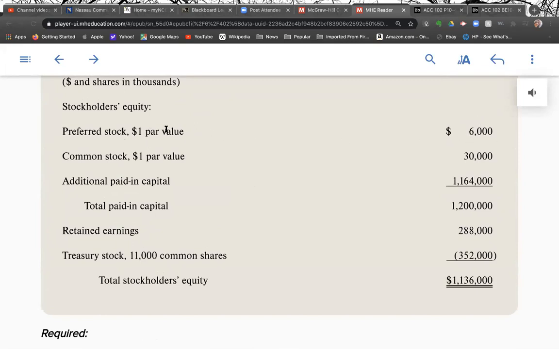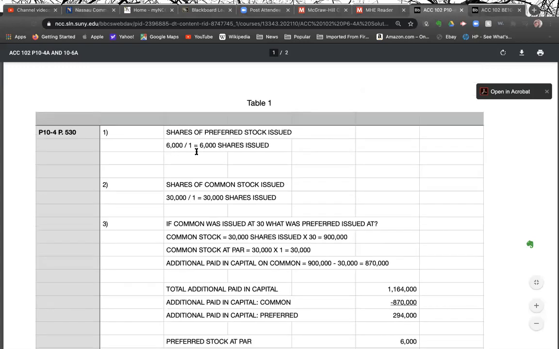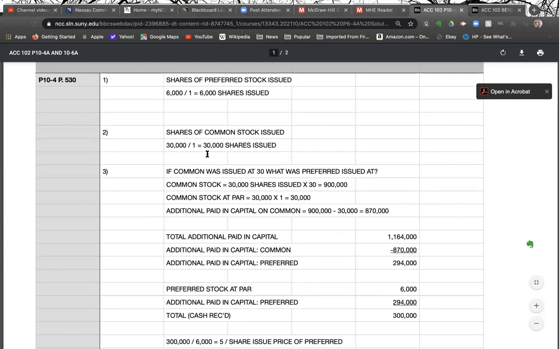The par value is $1 for one share. 6,000 divided by 1 is 6,000, right? So there are 6,000 shares issued. 30,000 divided by 1 is 30,000 shares issued. So here we go. Shares of preferred stock issued, 6,000 divided by 1, 6,000. Shares of common stock issued, 30,000 divided by 1, 30,000, right?